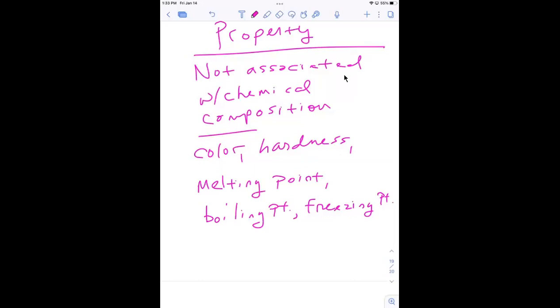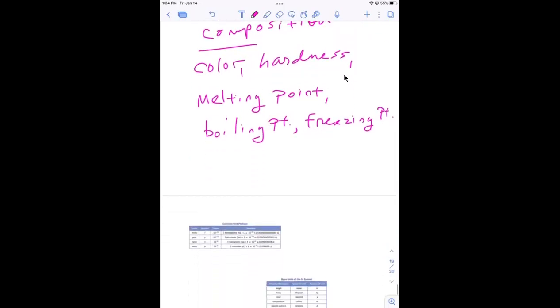So when you detect something with your nose, that's because whatever aroma is given off has a specific chemical makeup. So it's actually a chemical property. But we're going to talk about that in a minute. So when we're talking about physical properties of color, hardness, melting point, boiling point, freezing point, these are all associated with a particular type of matter.